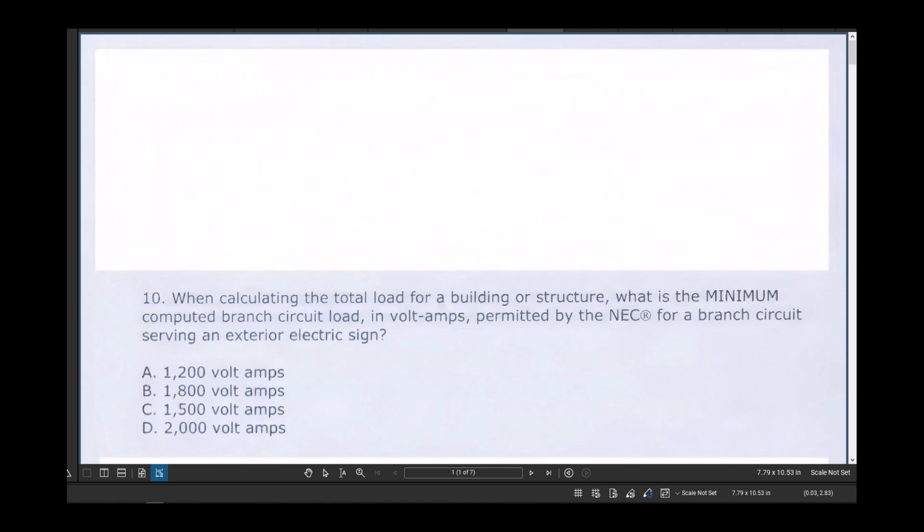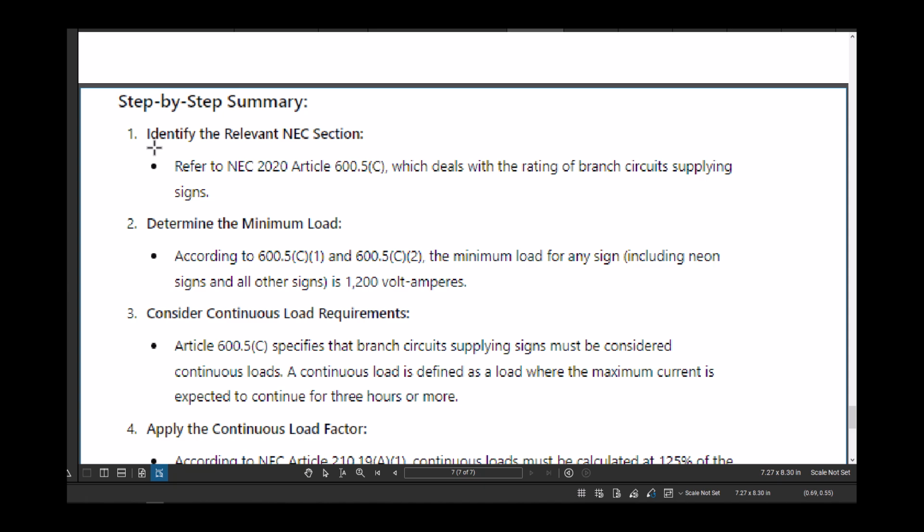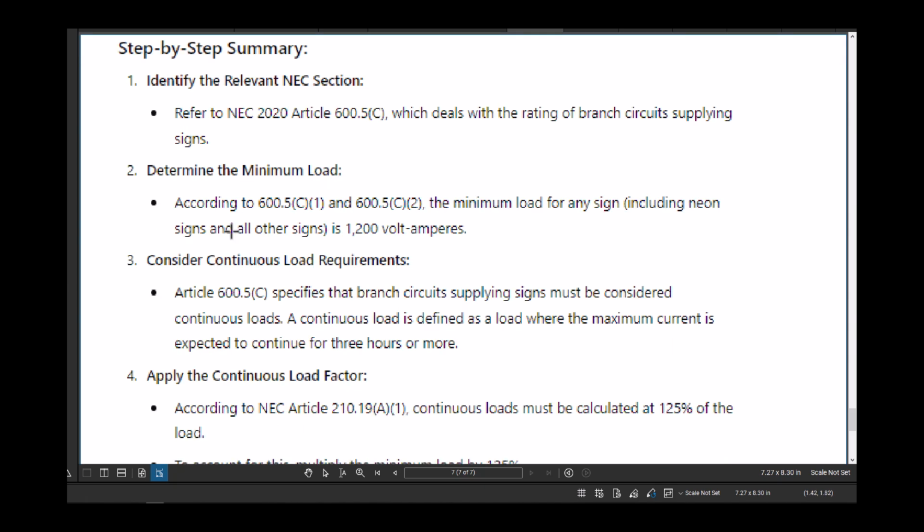But let's see this. I summarize what we try to do step by step. Identify the relevant NEC section, which we already went to. Based on this article, the minimum load for any sign including neon signs and other signs is 1200 volt amps.